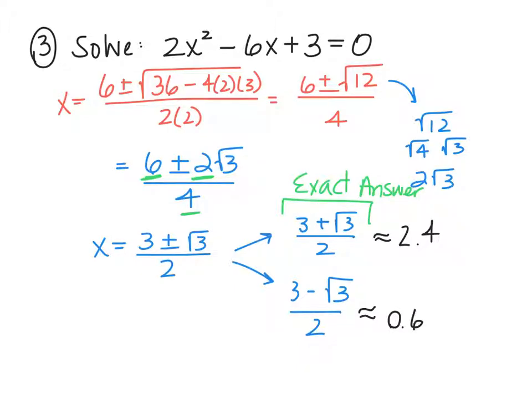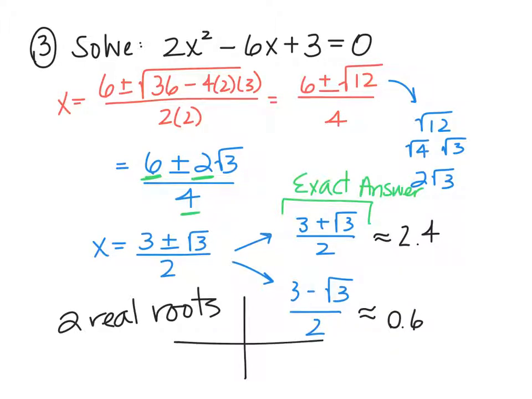And so this is an example of two real roots, because when I graph this parabola, I don't even have to know a ton about it, but I just know that it's going to cross in two specific places, one at this 0.6 number and one at 2.4. So it's going to cross through the x-axis at two different places. That's why we call it two real roots.